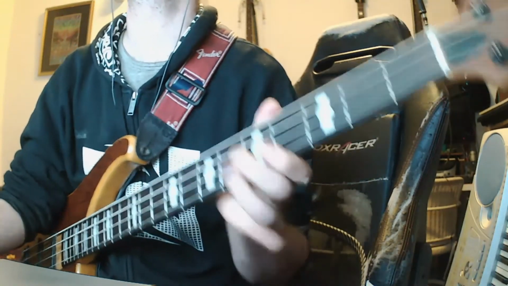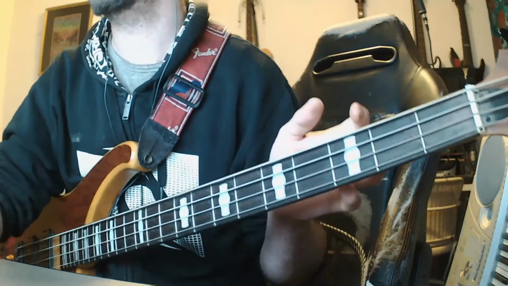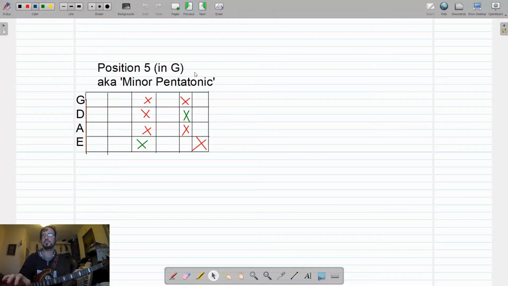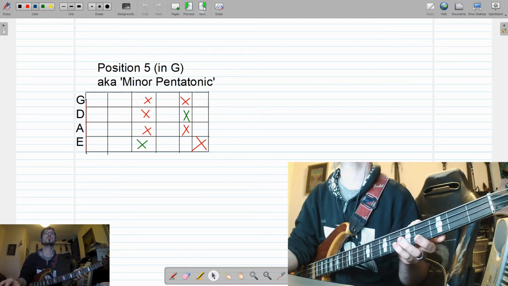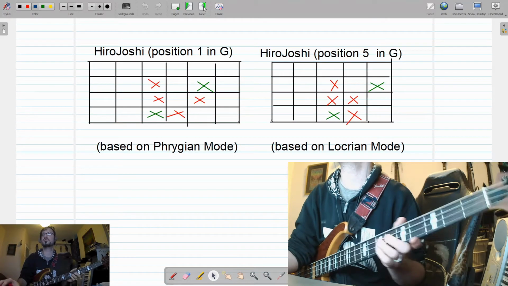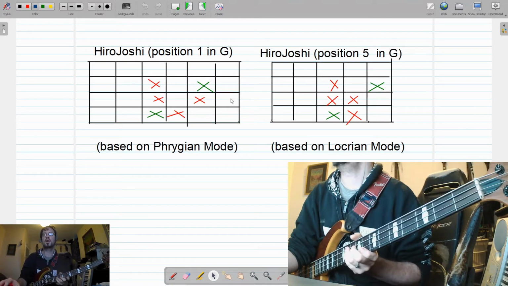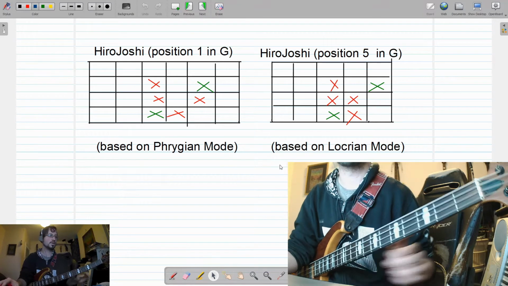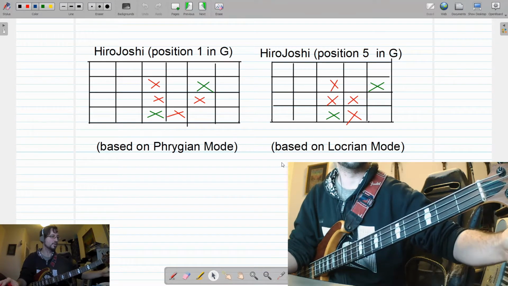The next phase I wanted to move on to, to give a bit of context as to how to create pentatonics, is to look at these two scales. You may or may not know what the Phrygian mode is or the Locrian mode, but we'll come to that not in the next video but the video after.